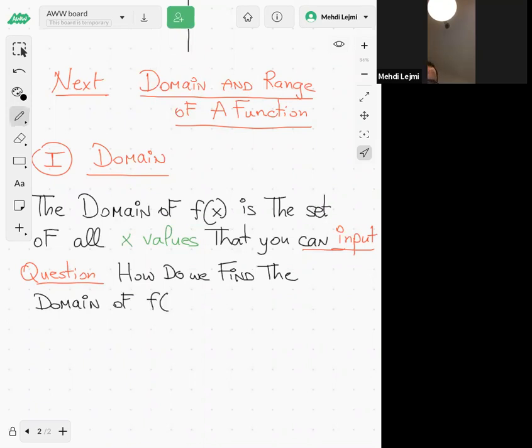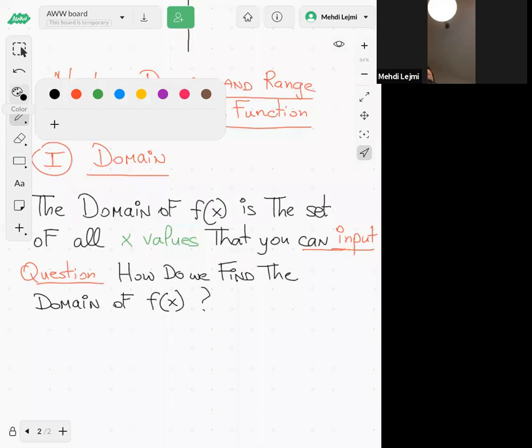Remember, guys, we said we can describe functions using either equations or graphs. I'm going to show you how to find the domain of a function f using graphs or equations. First, I'm going to show you how to find the domain of a function using equations.